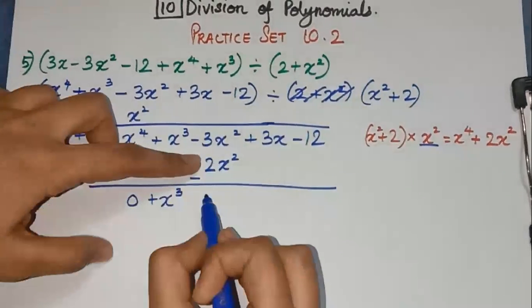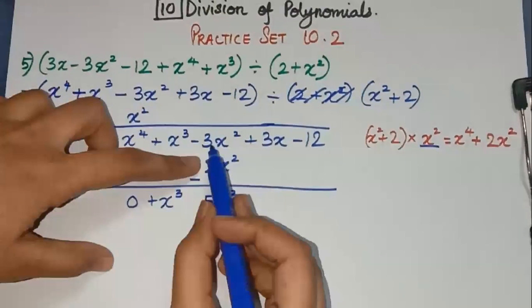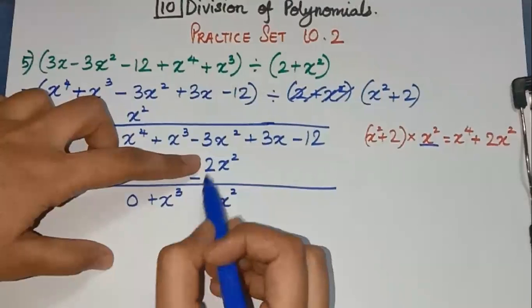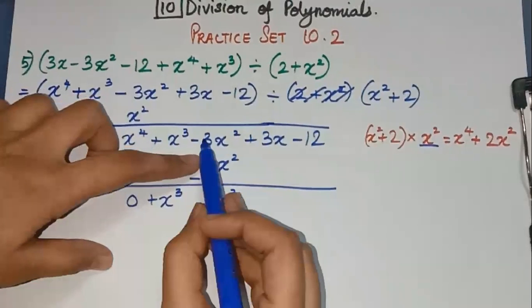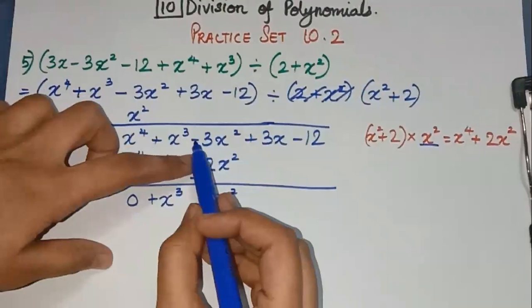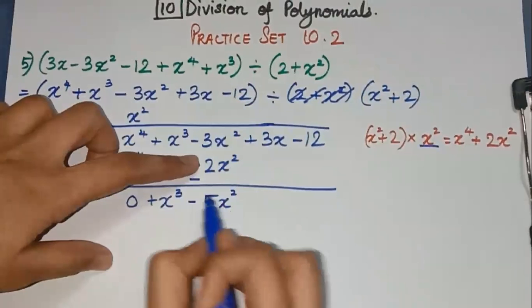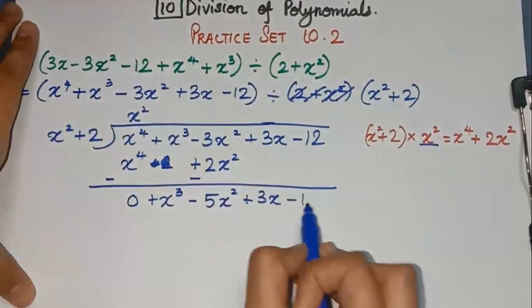So 5x square I am getting, okay? But here girls, as you can see, we have to put the sign of the greater number. Even though we added, we cannot put a positive sign. We have to put the sign of the greater number. That is, the greater number is 3x square. So I will put a minus sign over here. Okay. Now the other terms will be written as it is.